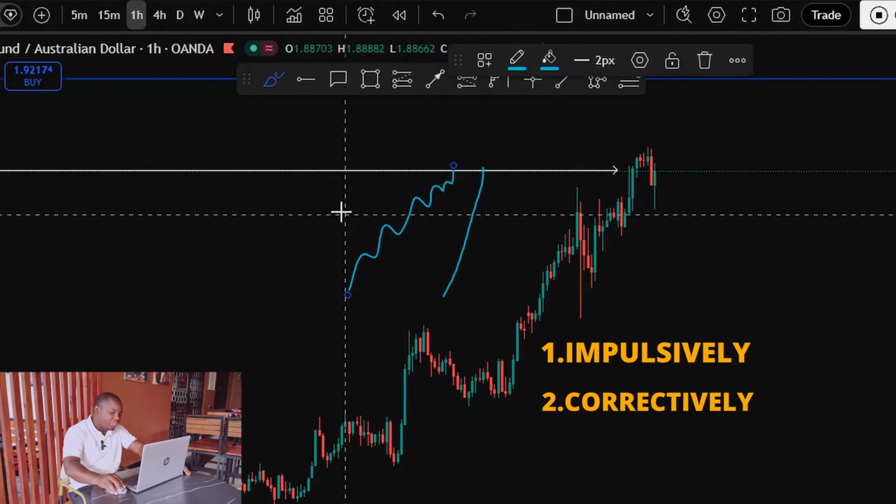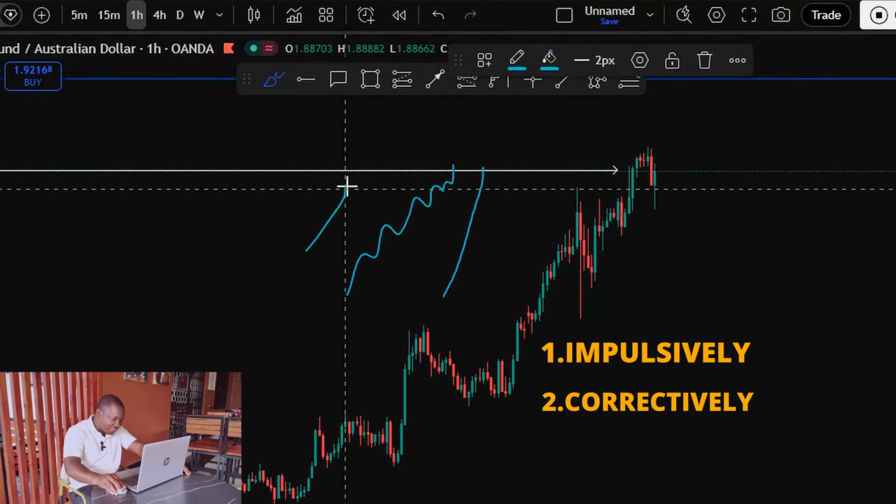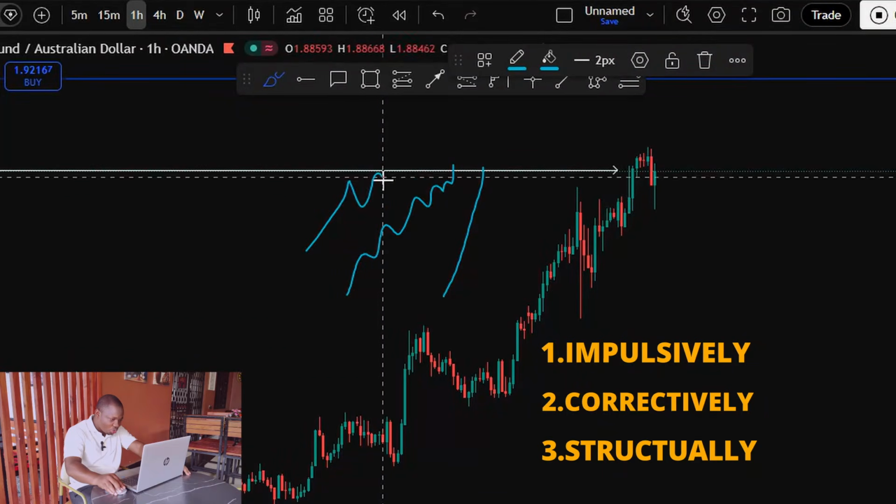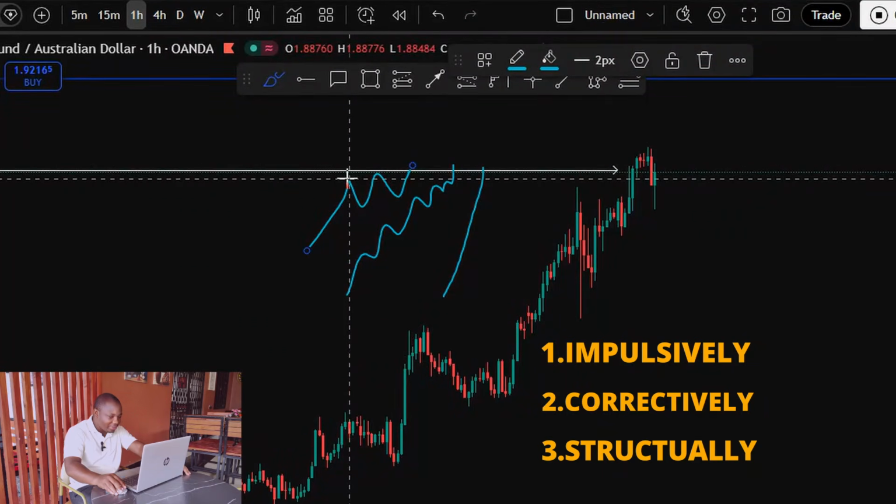And thirdly, when the price approaches structurally towards the area of value. These are the three main ways the price approaches particular areas of value. Now that we know how the price approaches, the question is, which kind of decision should I be making?